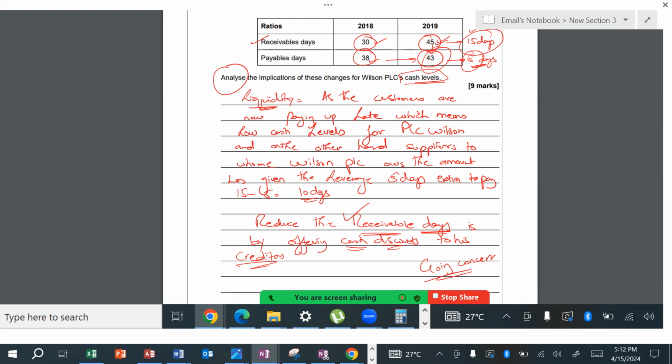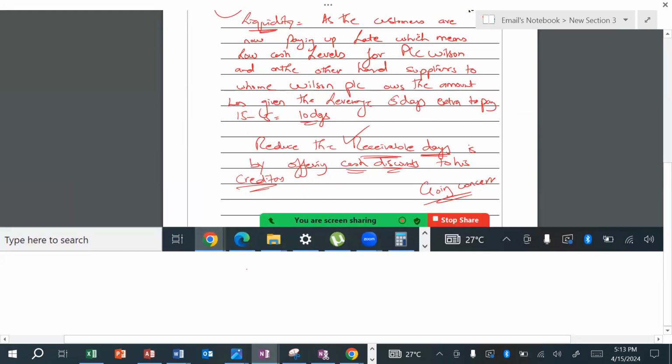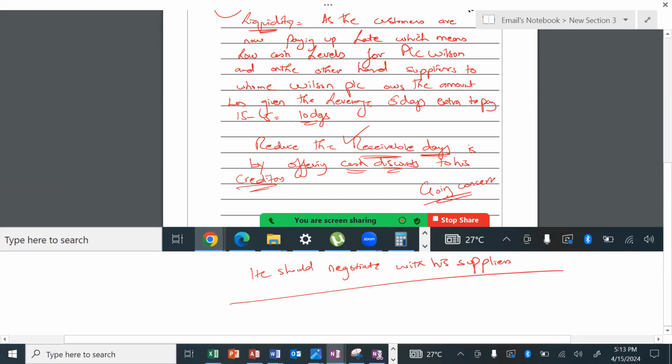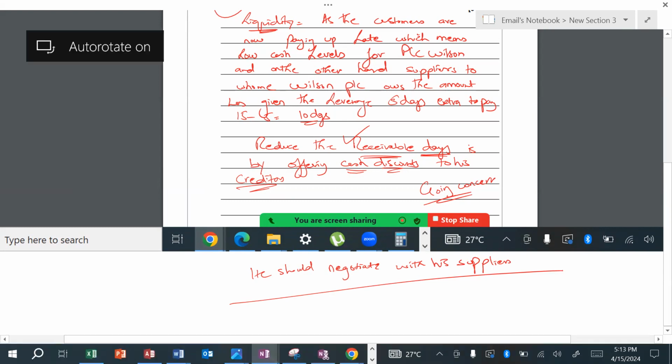Okay, that was receivable days. Now for payable days, what he needs to do is he should negotiate with his suppliers. And how he is going to negotiate with his suppliers is by asking them to just extend his period of paying, by telling them honestly how much time his creditors are actually looking for.